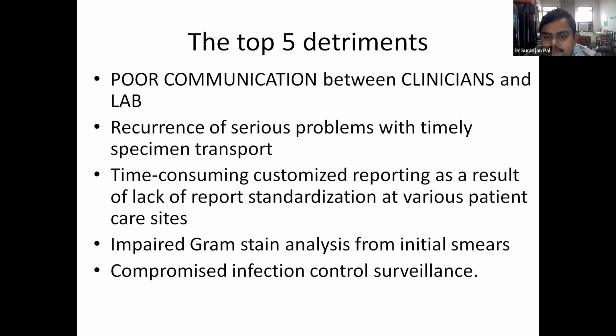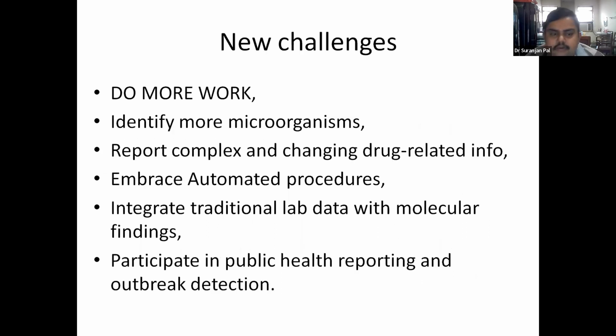And compromised infection control surveillance. If you are not taking a proactive role, there will be more chance of hospital acquired infection and more development of antimicrobial resistance. So infection control practice is a major role of clinical microbiologists.